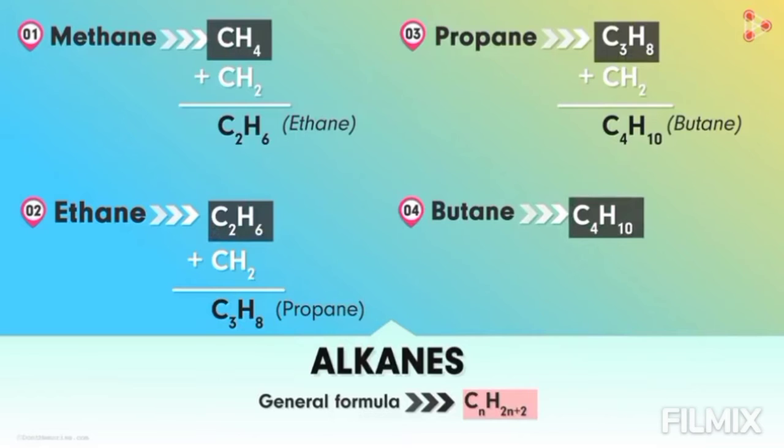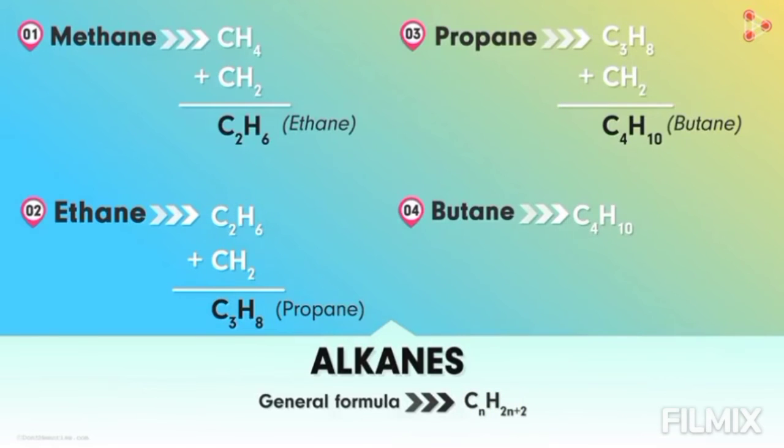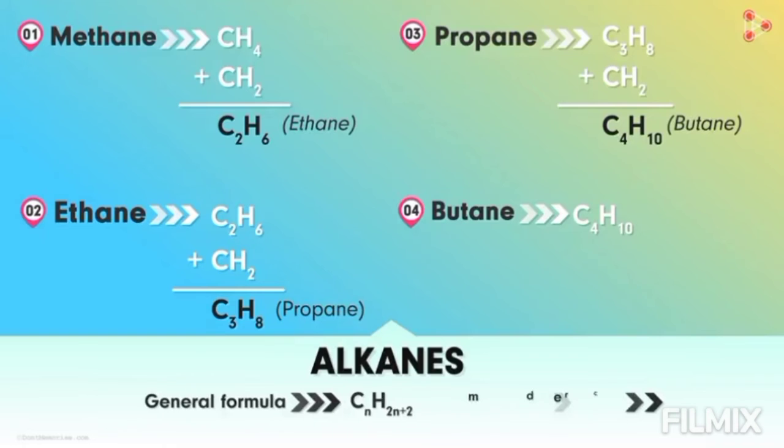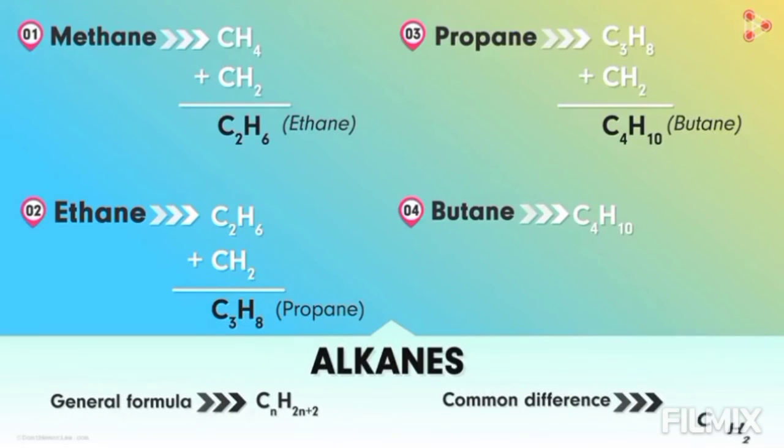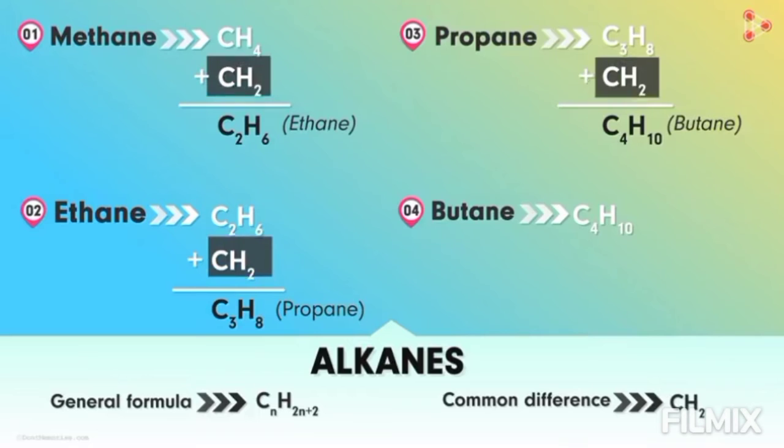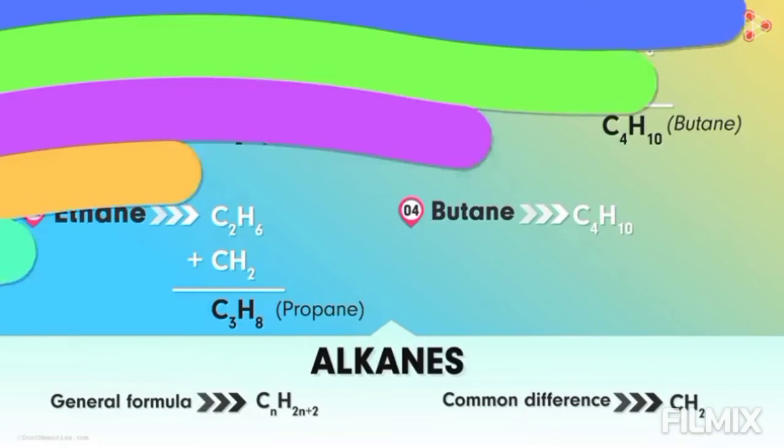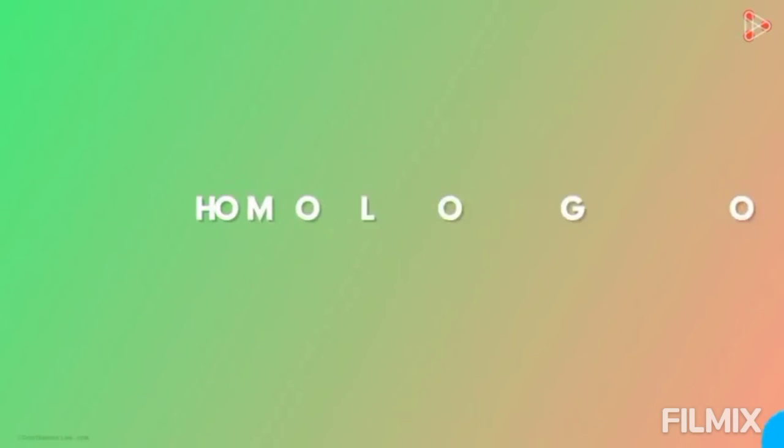So CnH2n+2 gives CH4, C2H6, C3H8, C4H10, etc. You can see they can be represented by the formula CnH2n+2. And here the common difference is CH2. So this is a homologous series.